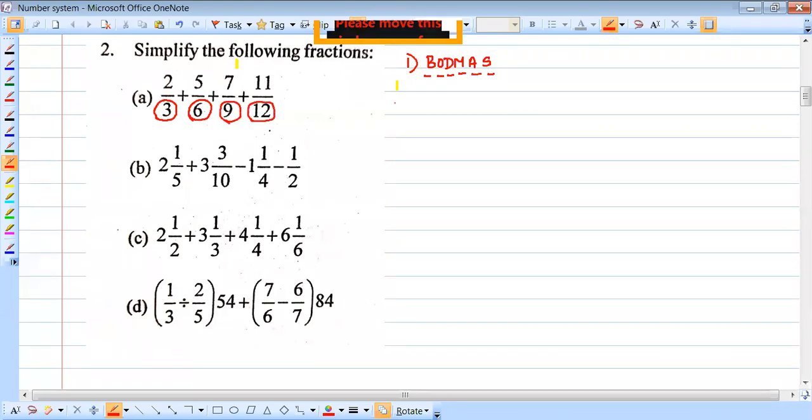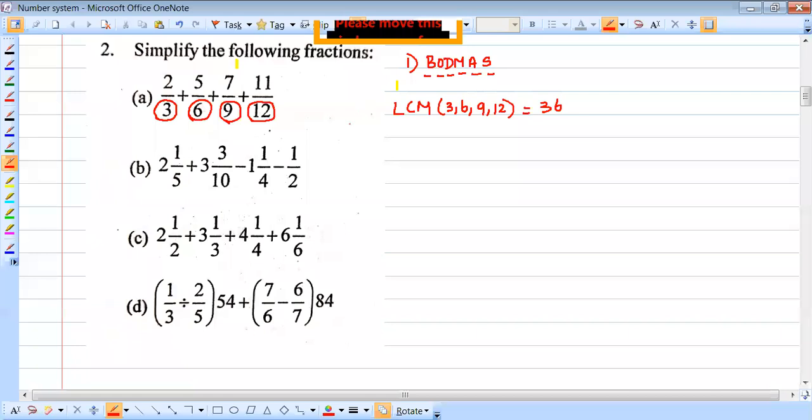So we have to find out the LCM. What is the LCM of 3, 6, 9 and 12? 36. So most of you have done this question very correctly. The LCM for 3, 6, 9, 12 is 36.